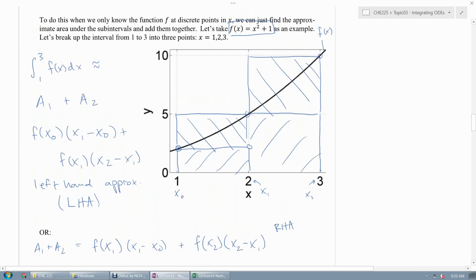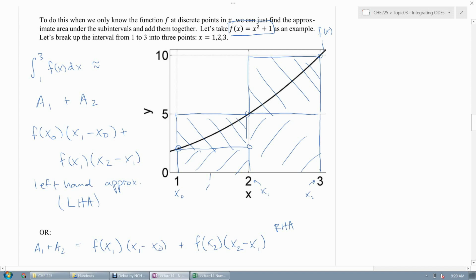And of course, what would be really nice is if we could have a more sort of average approximation. As you can see, the left-hand approximation, if you have an increasing function, which in this case we do, underestimates the integral. The right-hand approximation overestimates the integral. So it would be nice if we had some sort of average between the two.